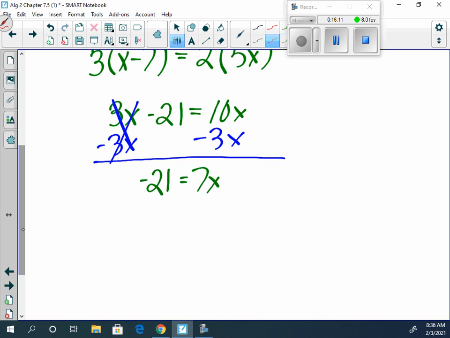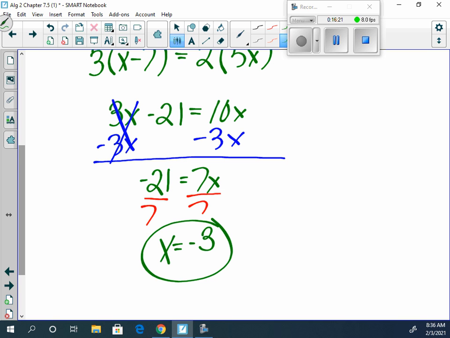And so last but not least, divide both sides by 7, and we get x is equal to negative 3. Is that one of our solutions? Nope. So that is it for that one there.